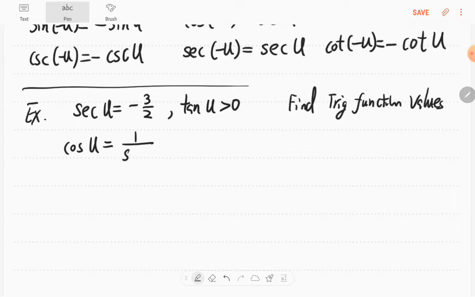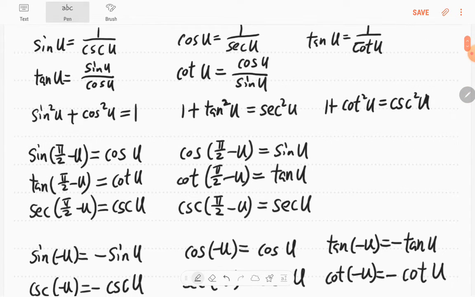Cosine u is 1 over the secant of u, which is equal to negative 2/3. The next thing is sine. For sine, we can use the Pythagorean theorem, using this identity. But if you take the square root, you have plus or minus.